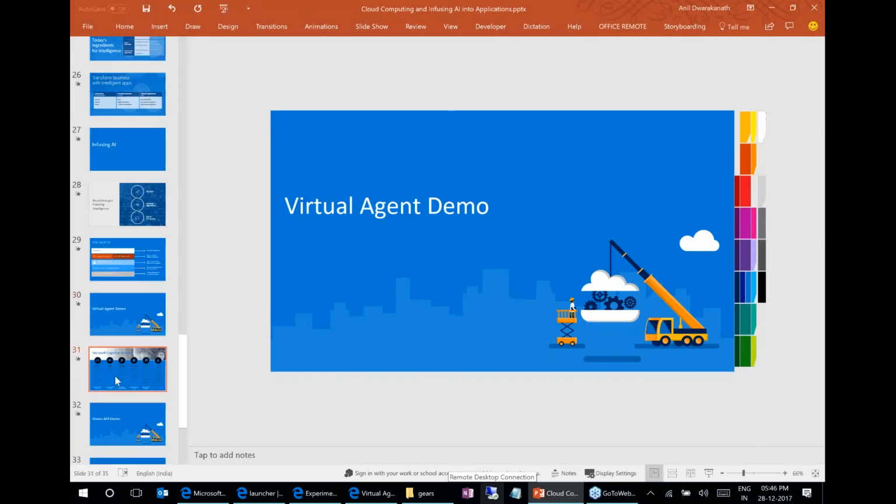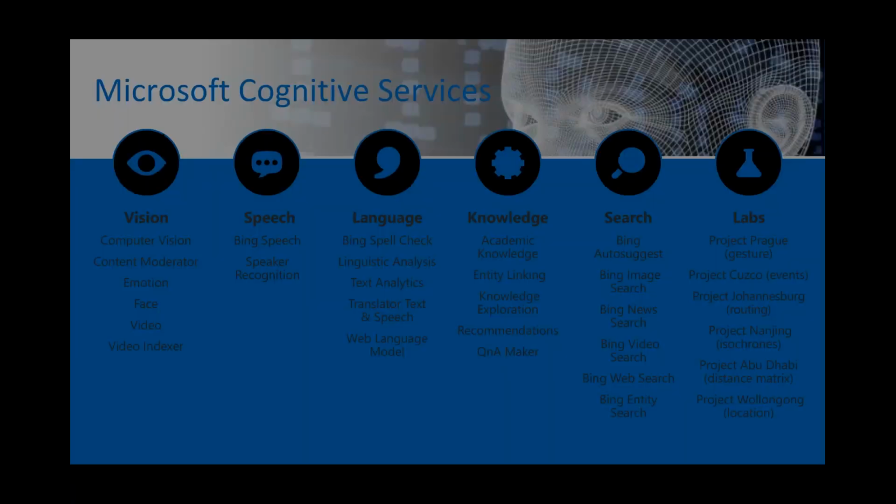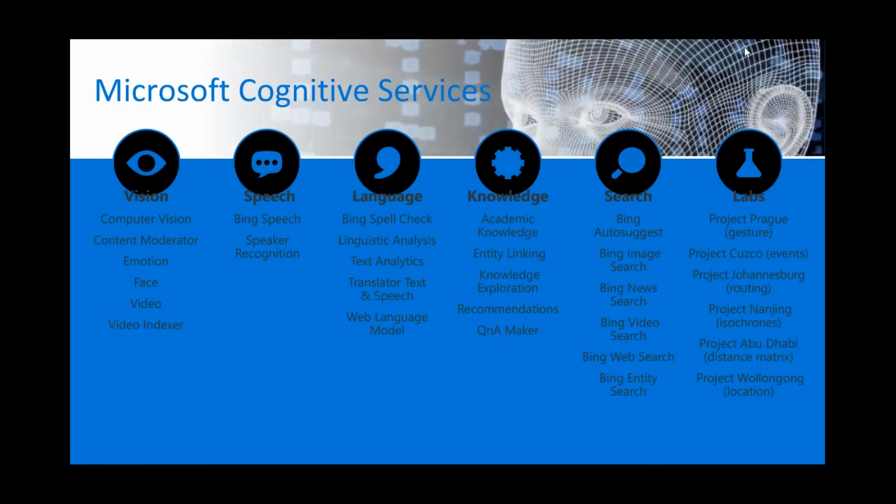Another demo I want to talk about is cognitive services. Like I said earlier, Microsoft AI has been doing work in the AI space for more than 2 decades, and the result of that is something called cognitive services. We have provided APIs for vision, speech, language understanding, knowledge search, right?